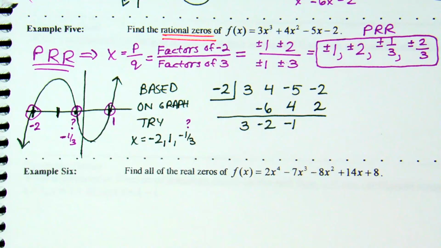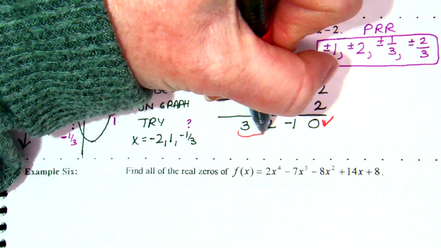And -2 plus 2, 0. So what do we know right here? -2 works because there's a remainder of 0.